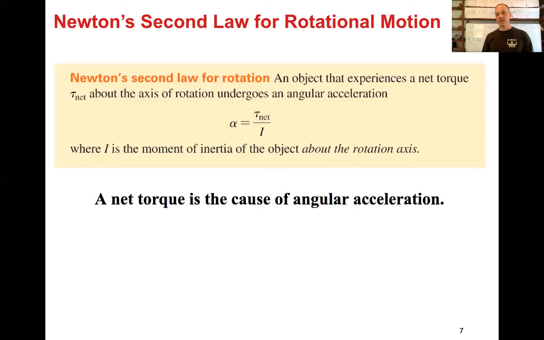So a net torque is the cause for angular acceleration. Angular acceleration is the torque applied to an object of known inertia, and that's your acceleration. So if I applied a certain amount of torque, keeping it constant, you can see that the wheel speeds up, speeds up, speeds up.